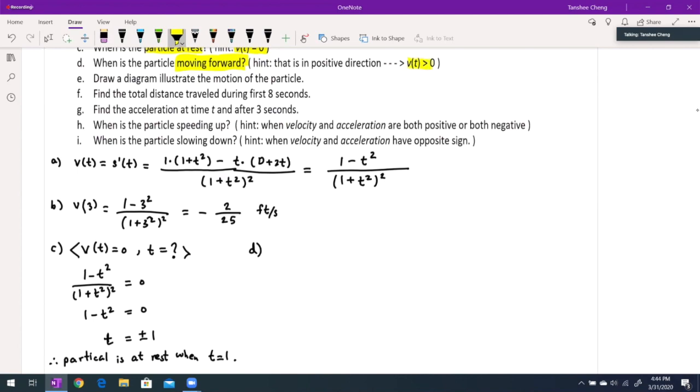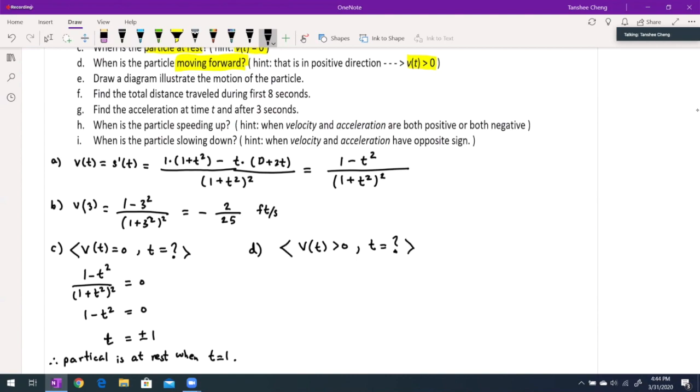What does moving forward basically mean? How do we know it's moving forward? Moving forward is talking about going in a positive direction. That happens when the value of the velocity function is positive. Anytime that happens, the particle is moving forward. So I will need to find where the velocity function is greater than 0, and at what time that happens.